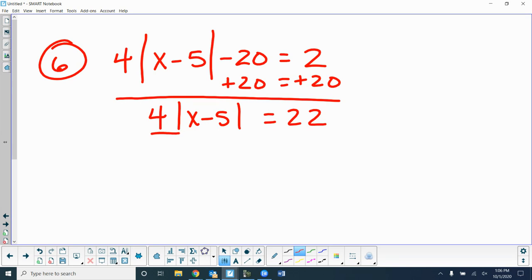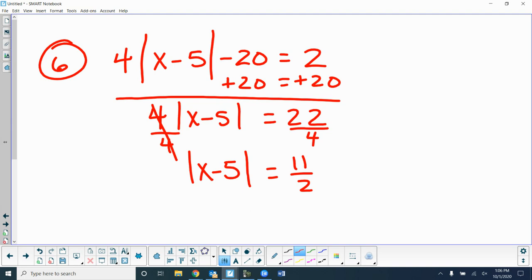And then divide by 4. So you get the absolute value part, x minus 5, divided 2 into 22 and 4, you get 11.5. If you write the decimal, it's 5.5. That's fine if you want to use 5.5.